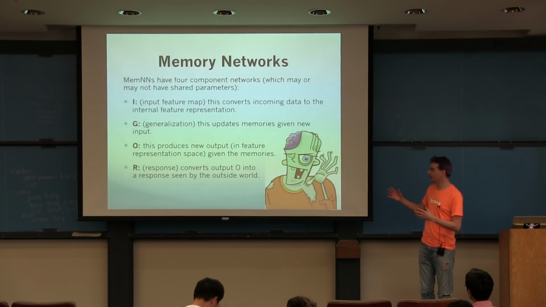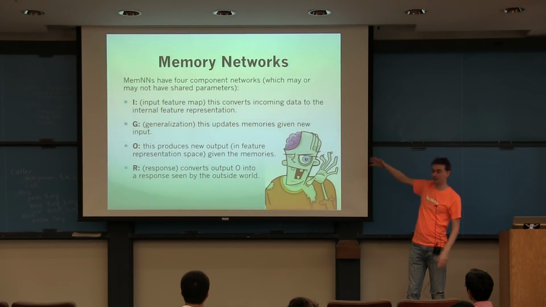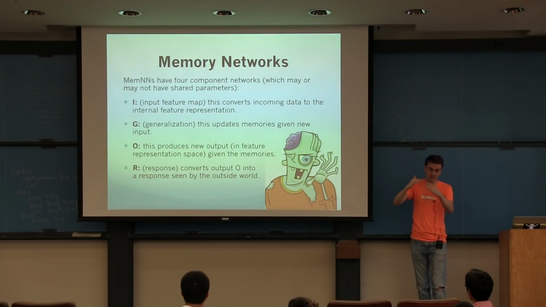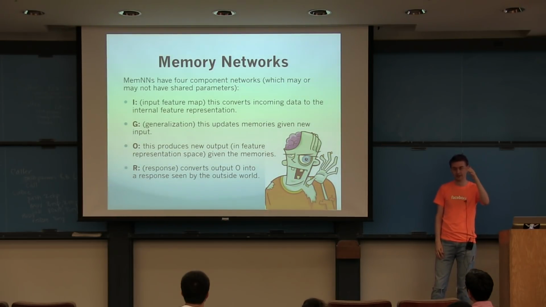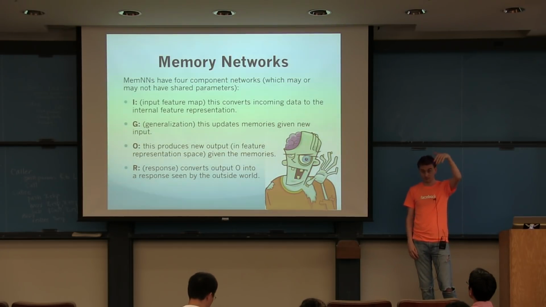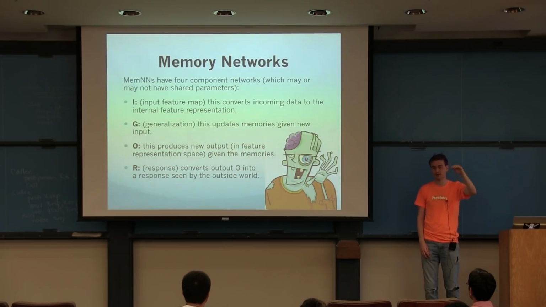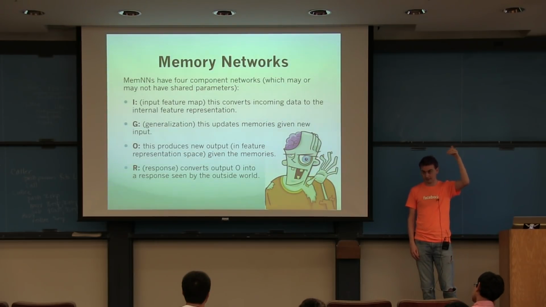So at this very high level, we think this class of algorithms consists of 4 components, and they go in order. So the first is the I component, the input feature map. Here some input is coming in to the memory network. In our case, it's a sentence. You can think it's either a sentence that's one of the statements from the story, or it's a sentence that's a question.